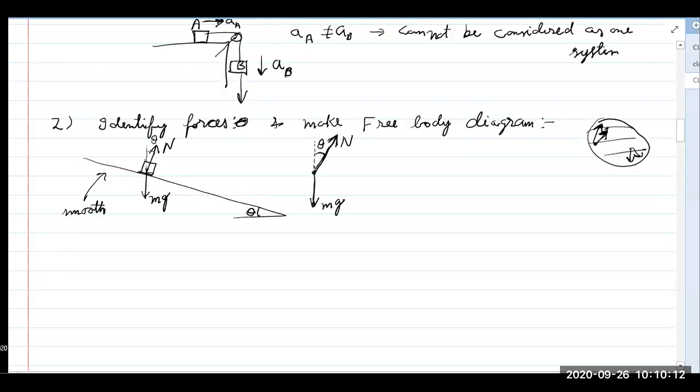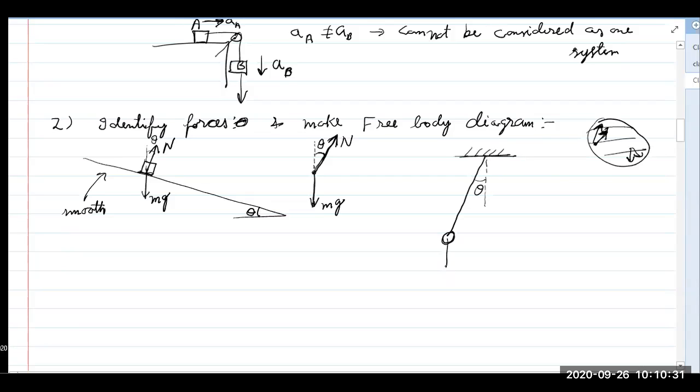Similarly, I am giving another example. Suppose I have a pendulum and this pendulum is moving. Suppose the bob is at angle theta with respect to the vertical. So what are the different forces?